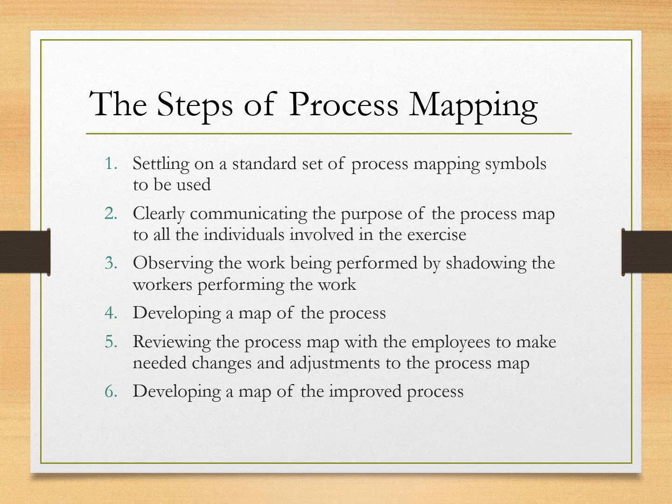After that, we review it with workers to verify accuracy. And after verification, we create an improved future state map. This systematic approach ensures we solve the right problem and get everyone aligned on the current reality and improvement targets.